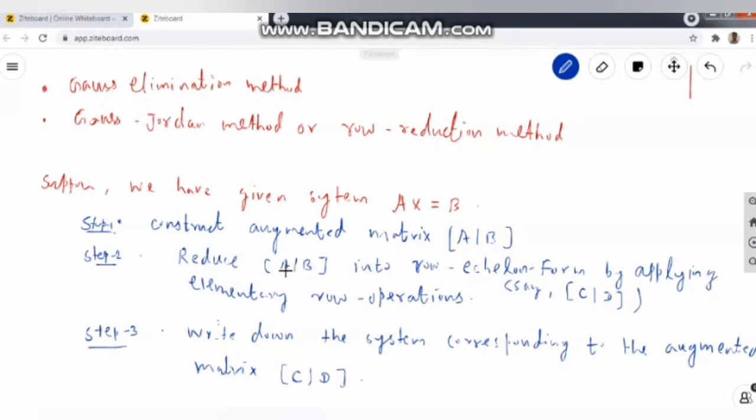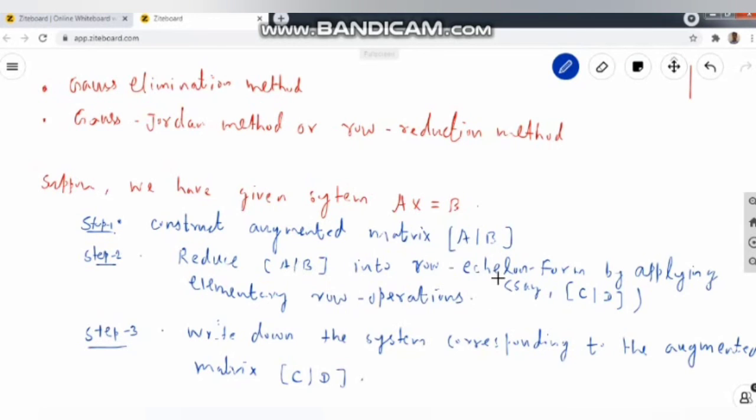So A augmentation bar B and C augmentation bar D are both equivalent matrices, and by the previous theorem they have the same solution set.